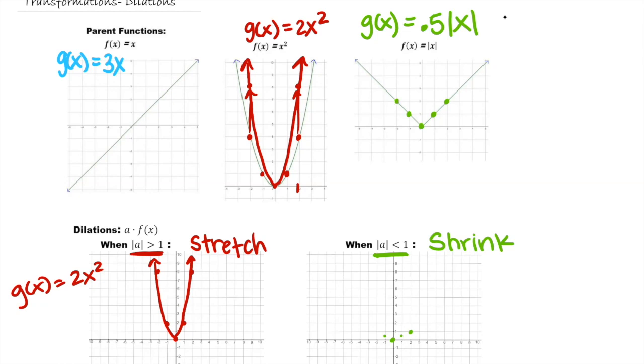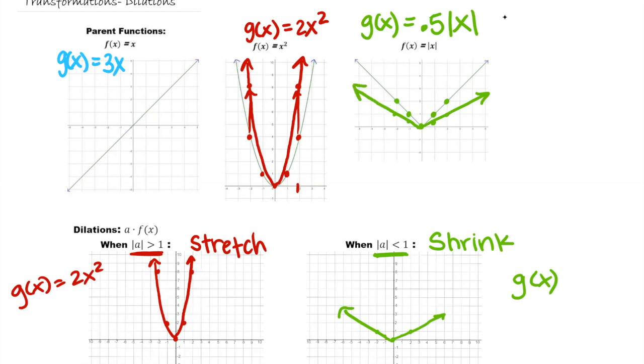This y value of 2, times a half, is going to get me down to a 1. So here's my new g of x function. It went down to a half, to a 1. It's like it shrunk. It got flattened out a bit.